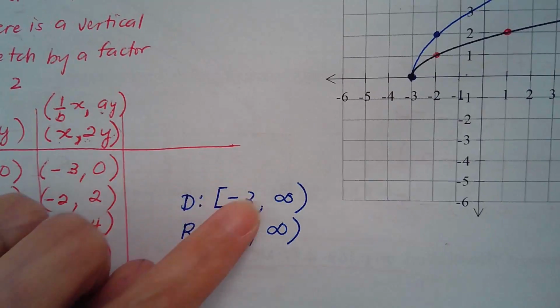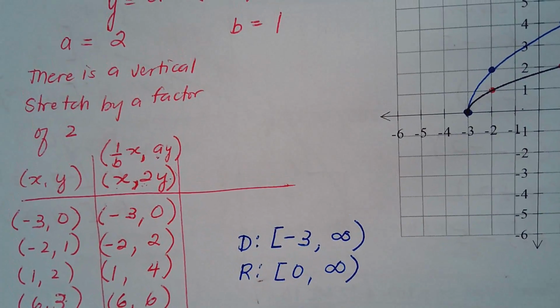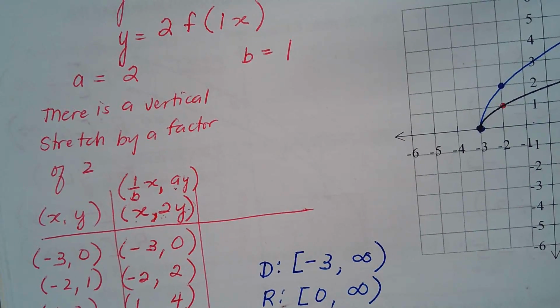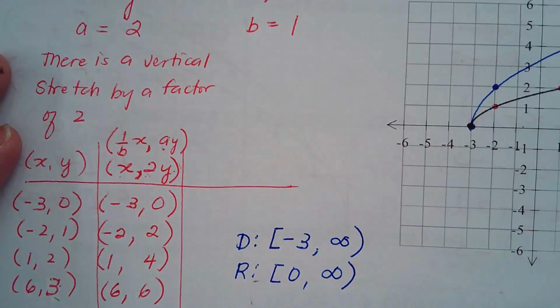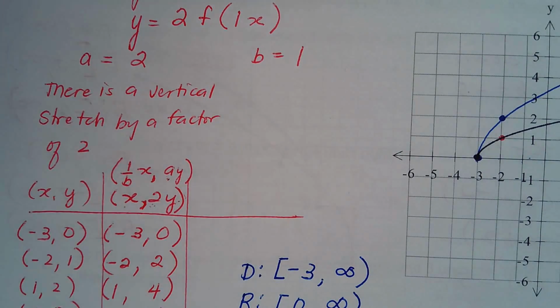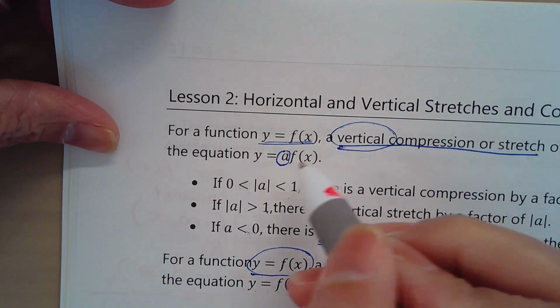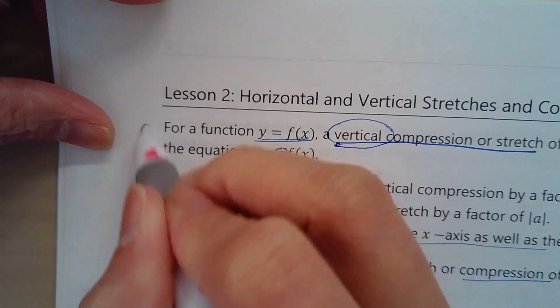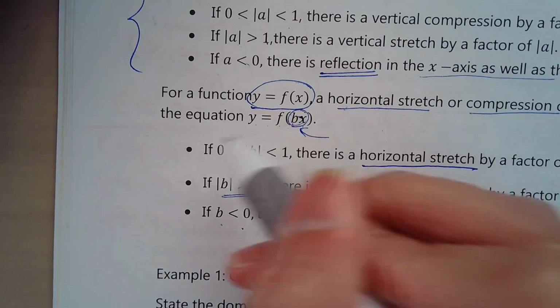Oh no, because the domain is not being affected, right? There's no vertical stretching in the domain. Yes. When it says there's a vertical stretch by a factor of 2, that's giving us the A value. Correct, because A is vertical, and then here the B is the horizontal.